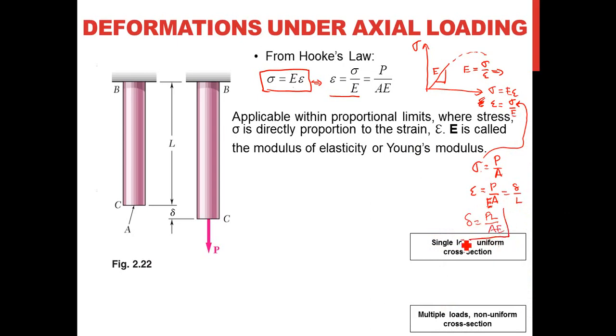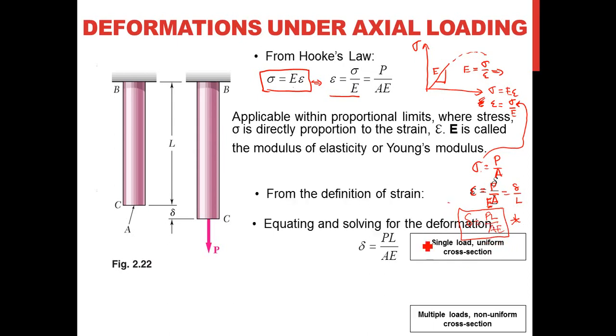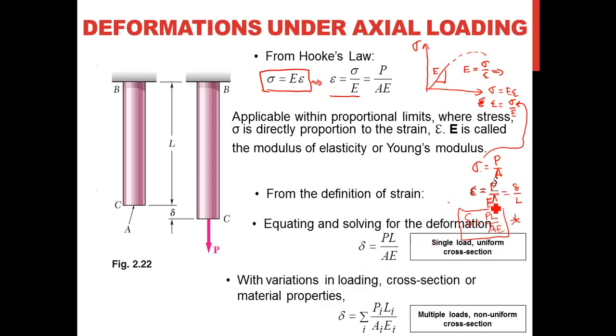So that is the equation for deformation. Deformation of the material is basically given by PL over AE. That is the same equation that we derived. That is for a single material having uniform cross section.